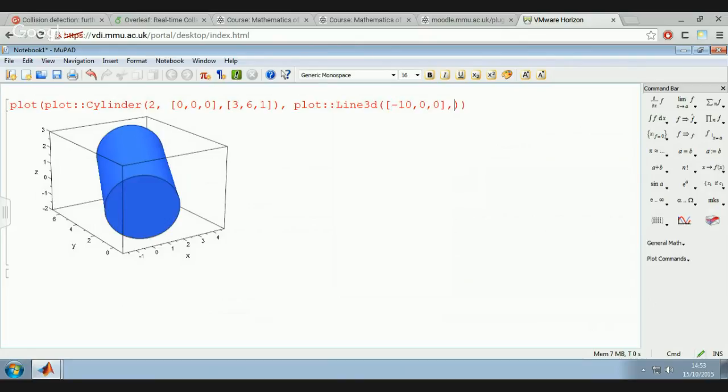And the end point, well, I can think of the end point as the initial point plus a little bit of the velocity vector. So I'll just go plus 1 times the velocity vector. The velocity vector was 250, 50, and 1.